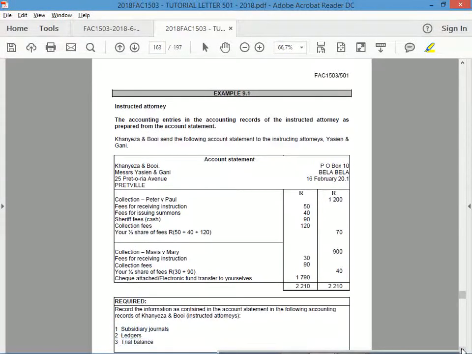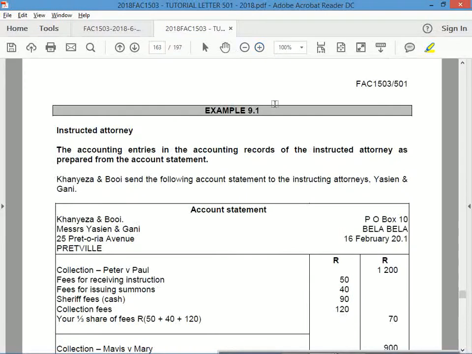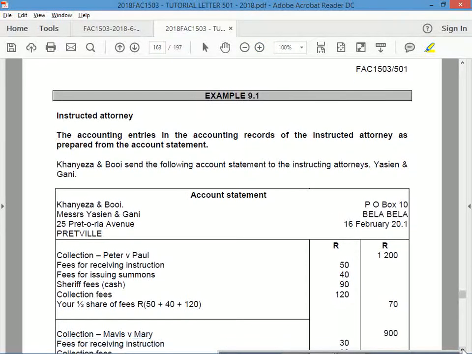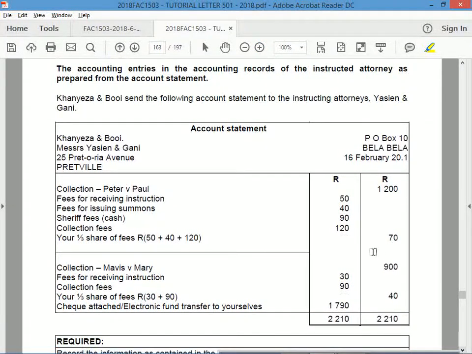Here's an account statement. When we looked at this one, we could see you had an account statement, Peter versus Paul. These were the fees that you had received. Remember, you've got to add up those amounts in order to get the 1/3. So your 1/3 share of the fees would have been the fees for receiving the instruction. The collection fees was the 90. That was the 50 plus the 40.